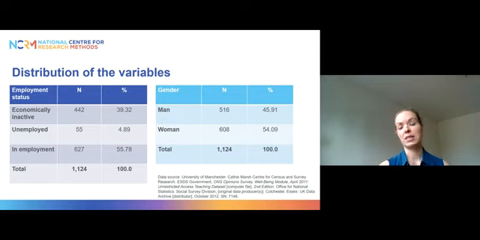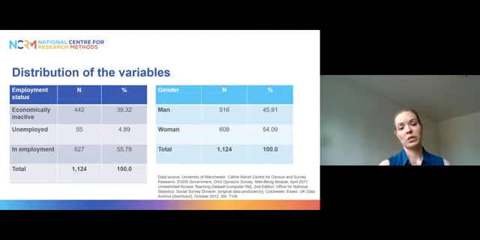So about 56% of our respondents were working at the time of the survey. The second most frequent category was economically inactive. So around 39% of our respondents were not working and not looking for work. So maybe they were retired, on parental leave, or students, or something like that. And about just under 5% of the respondents were unemployed at the time of the survey.